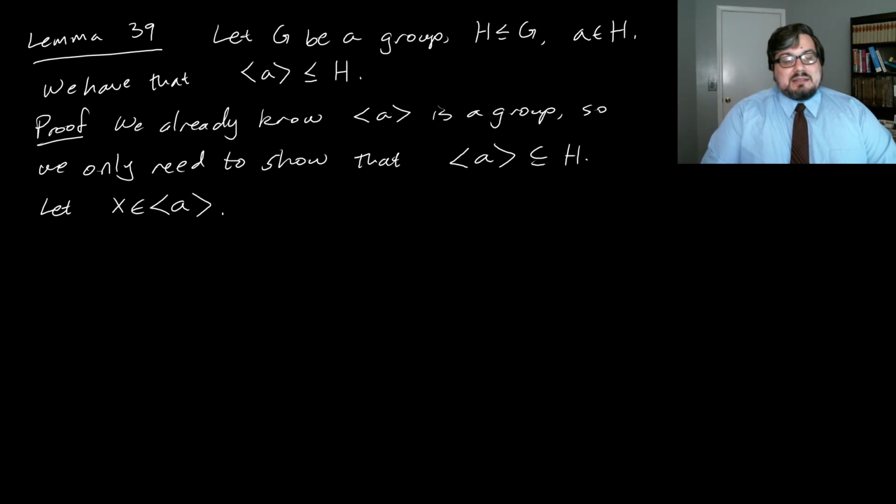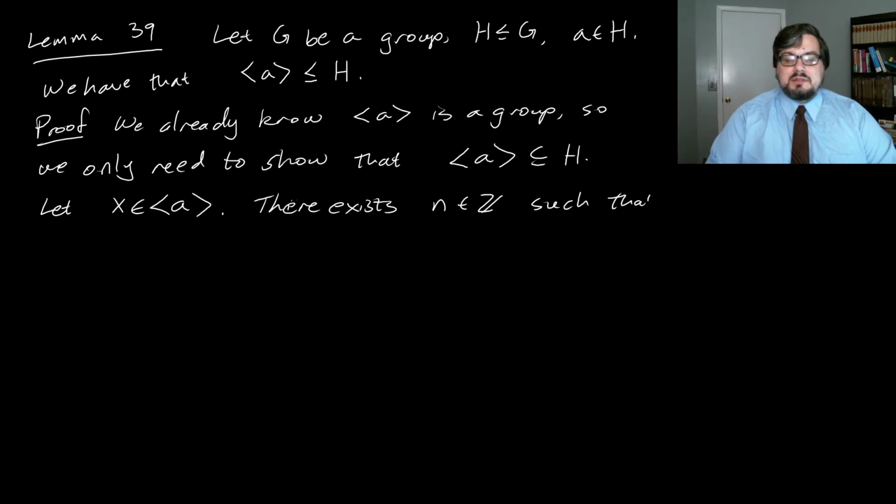So let X be an element of the cyclic subgroup generated by A. This means that there exists some n in Z such that X is equal to A to the n.